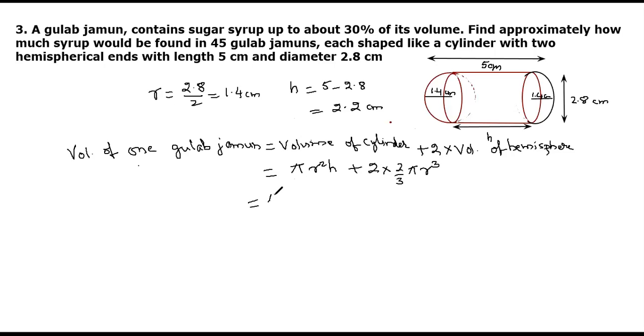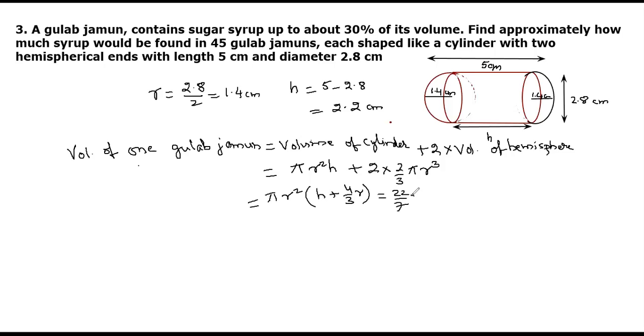Now, pi r square you can take out common. Pi r square, so h plus 2 into 2 by 3 r.